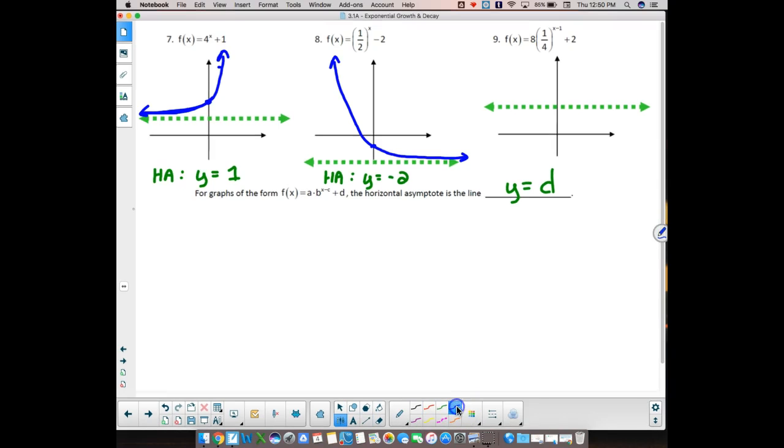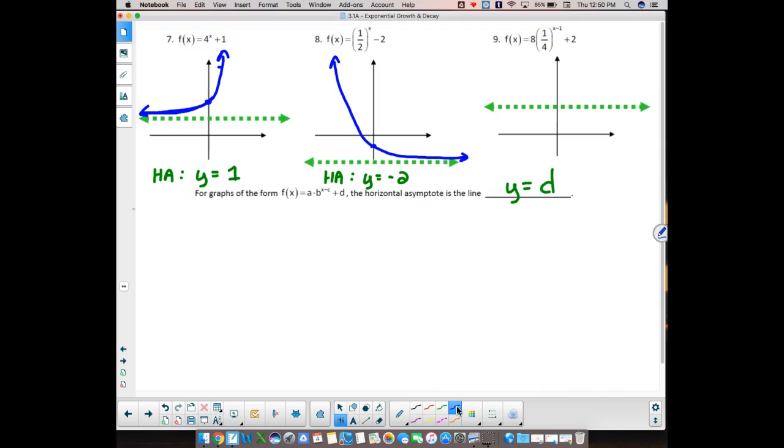What value of x gives me 0 in the exponent? 1.